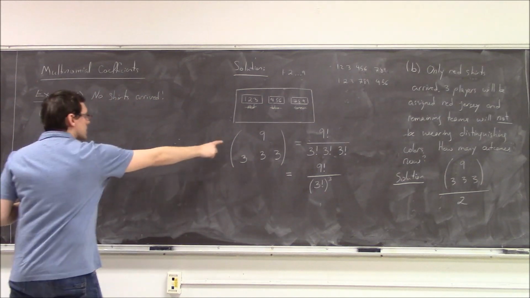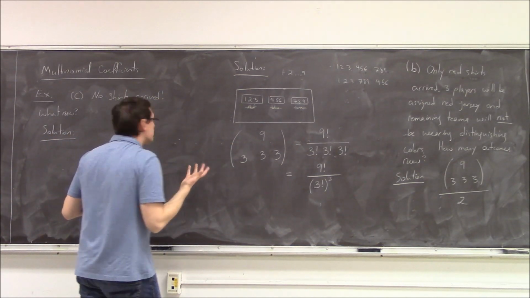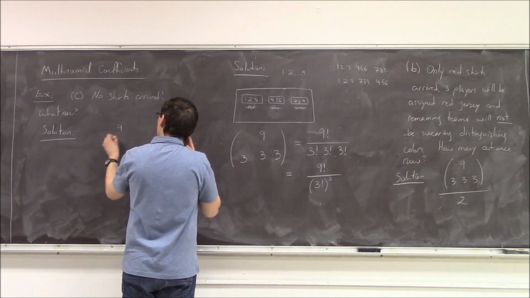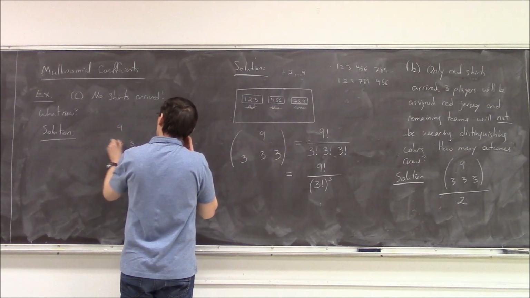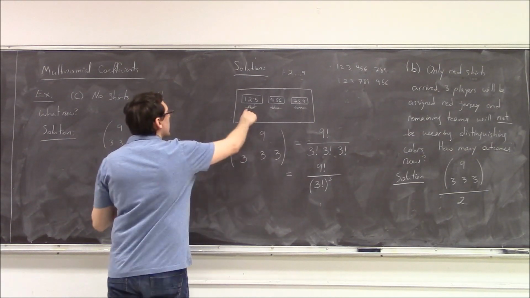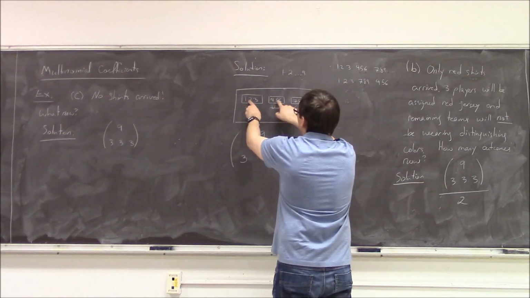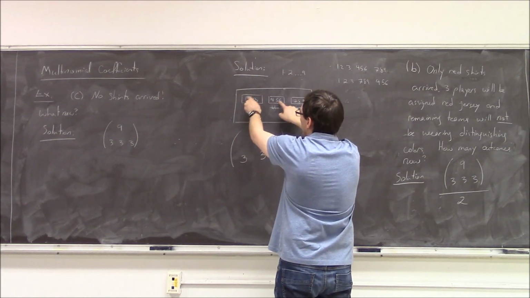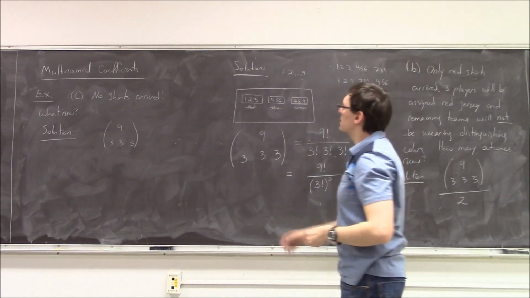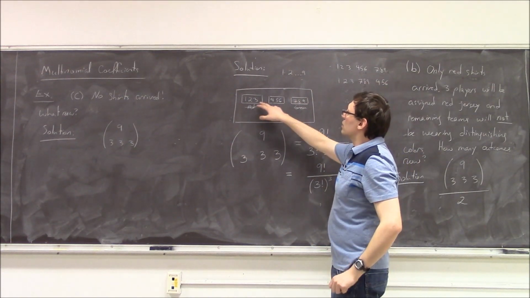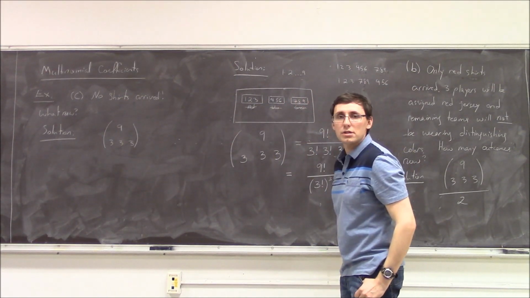So this is now overcounting by how much? So we have 9, choose 3, choose 3, choose 3. You can see that every code I can permute it, right? I can interchange any of the boxes among themselves, and that will be 3 factorial interchanges.